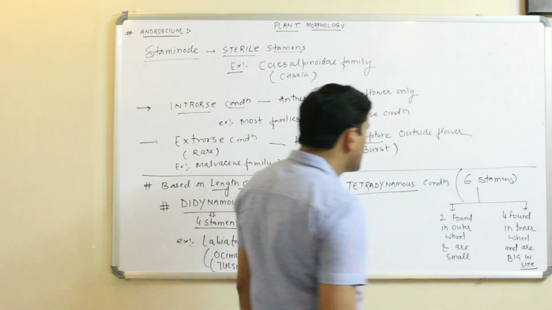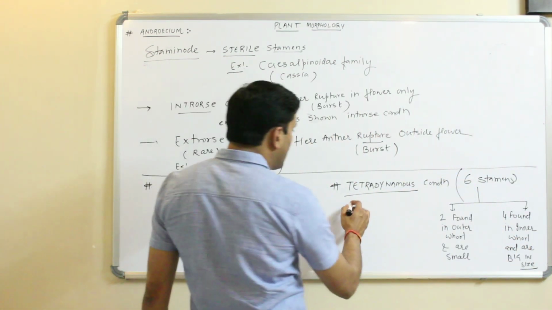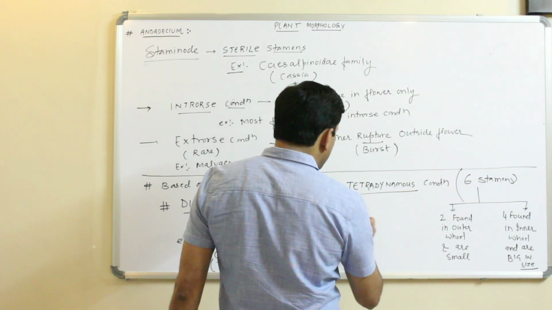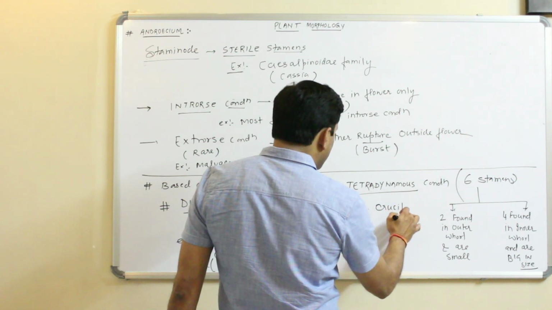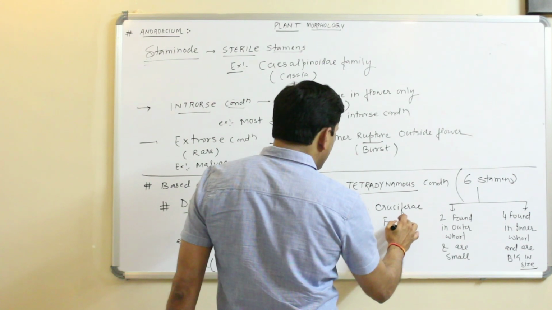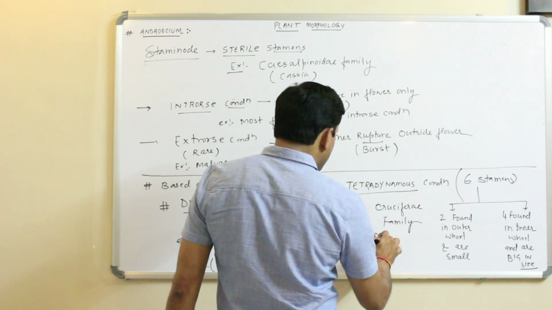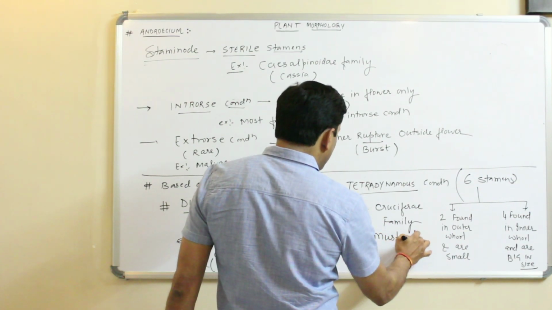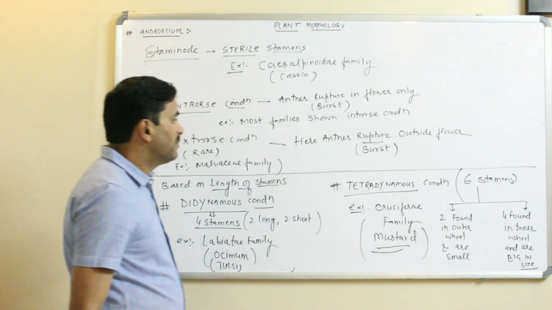Such a condition is called as tetradynamous condition, and this tetradynamous condition is found in Cruciferae family. The best member of the Cruciferae family is the mustard.